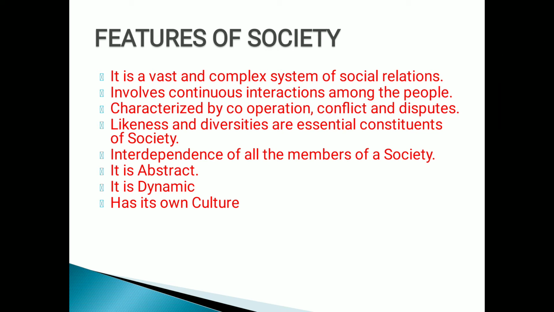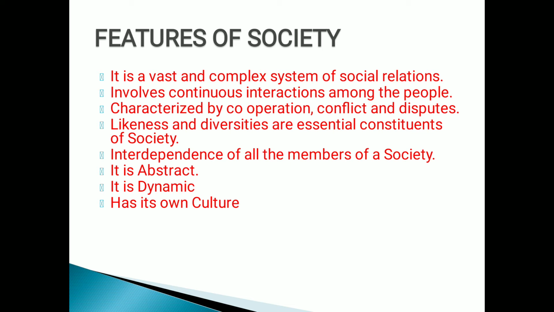Now let's come to the features of society. Clear, children? Society is a vast and complex system of social relations. Social relations involve continuous interactions among the people of a society. Social relations are characterized by cooperation, some conflict and disputes, and competition. Society is not a mere collection of people.